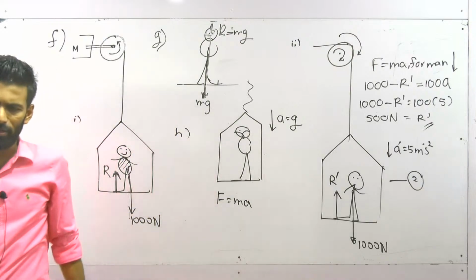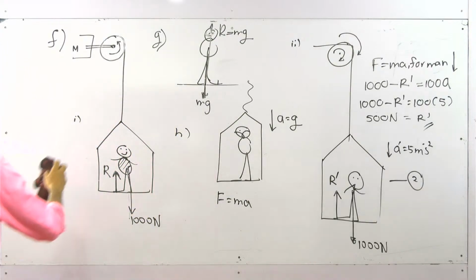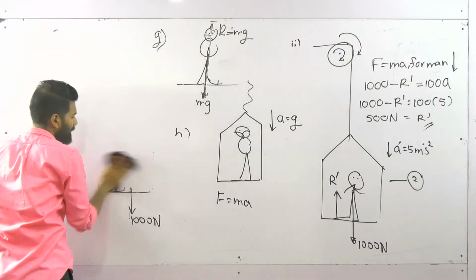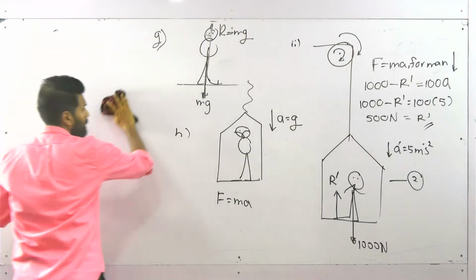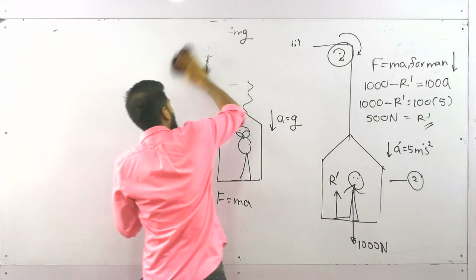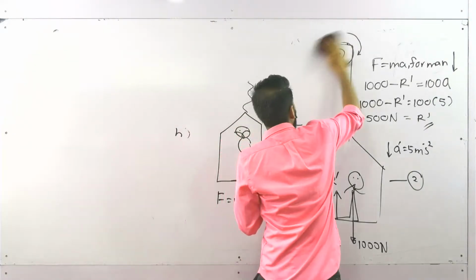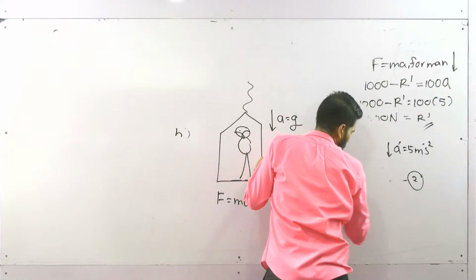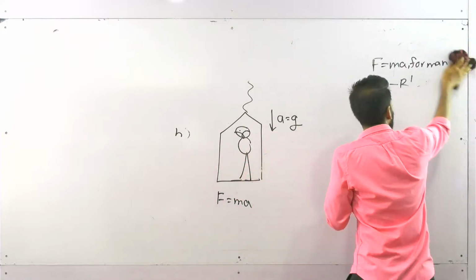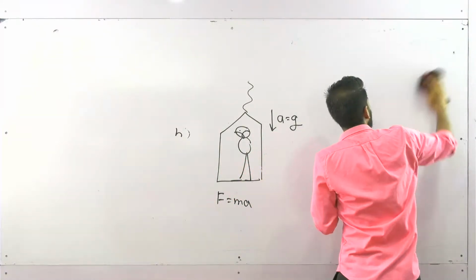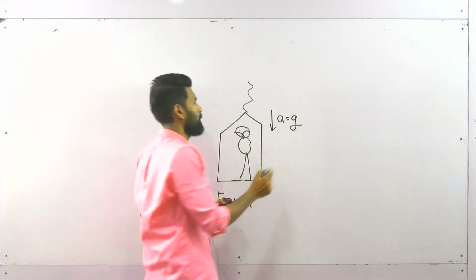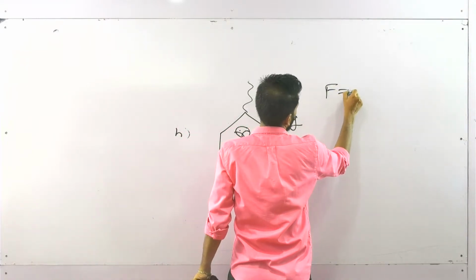Let's assume the cable was broken and the cage and the man are coming down freely.